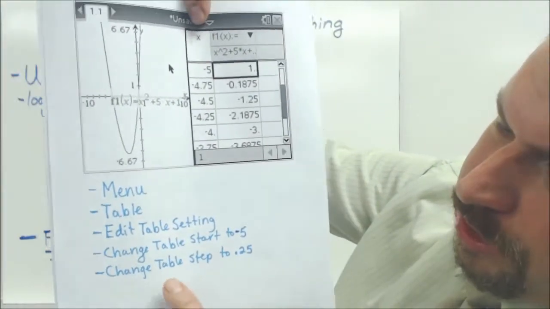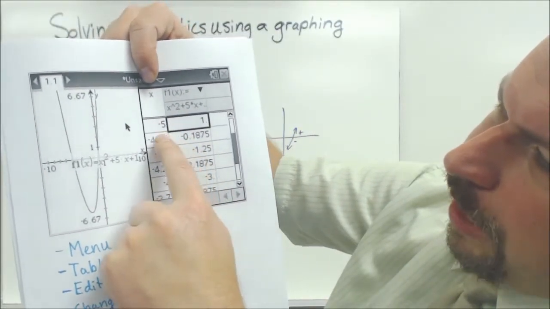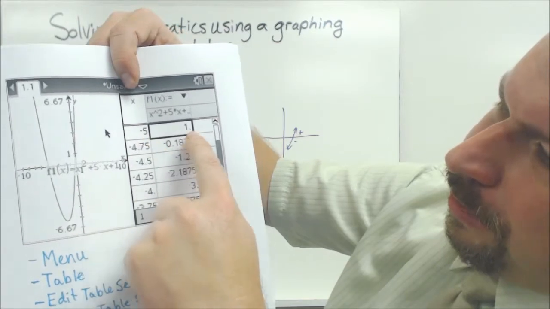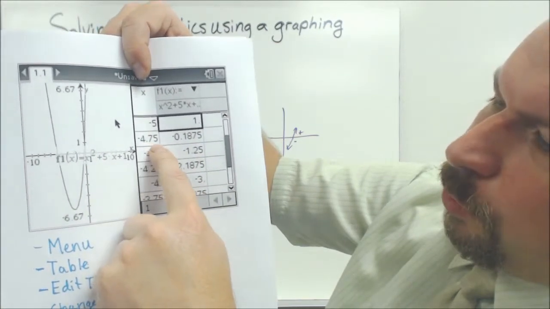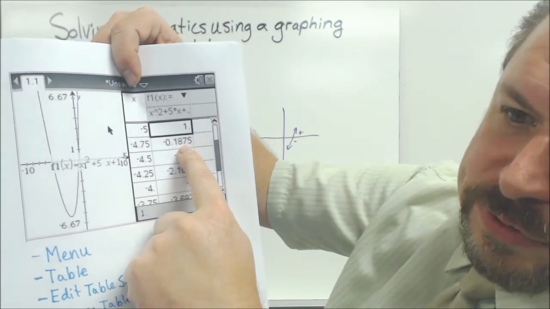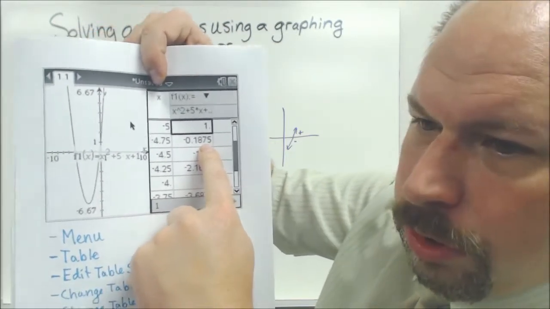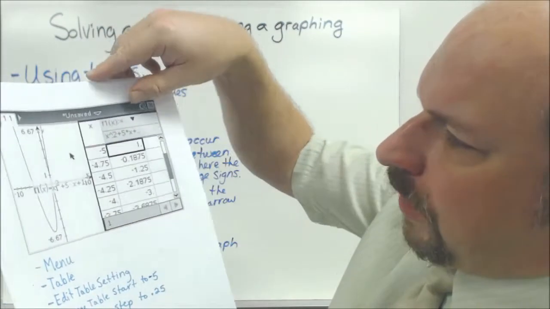So I'm going to change the table step to 0.25. And notice here when we do that, from -5, where we're at 1, now we have -4.75, and we're down at -1.875. So we're a lot closer to finding where that 0 is.